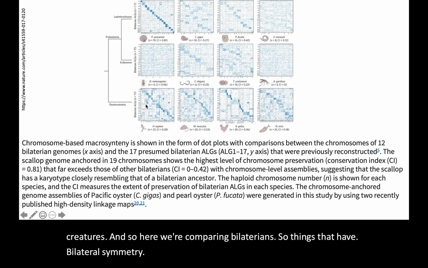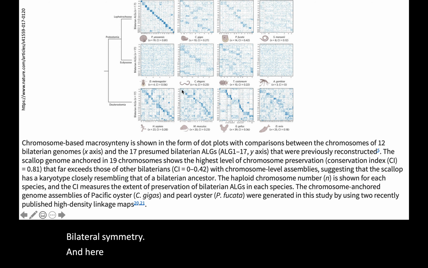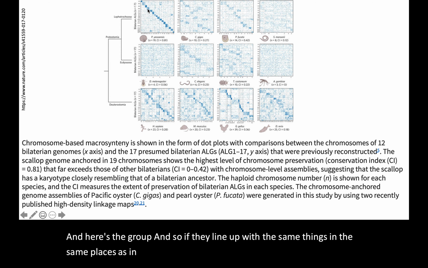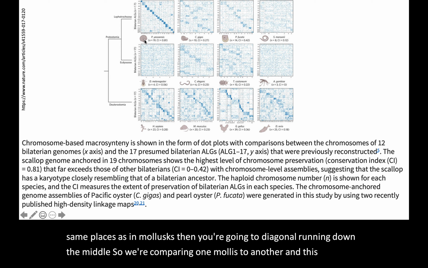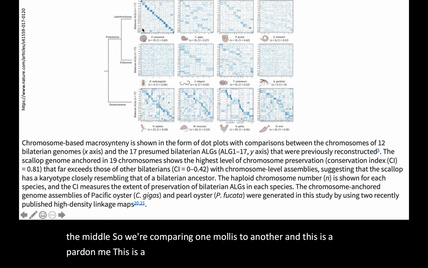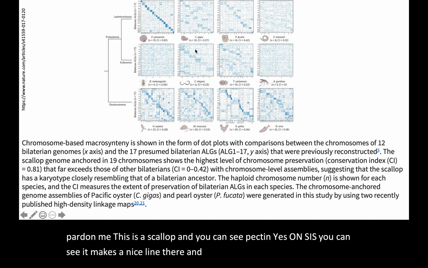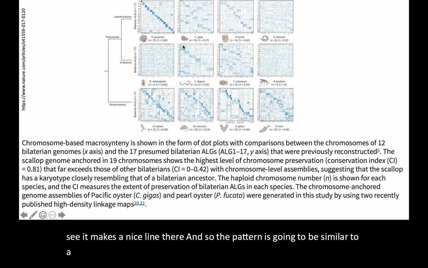And if they line up with the same things in the same places as in mollusks, then you're going to get a diagonal running down the middle. So we're comparing one mollusk to another. And this is a scallop, Patinopecten yessoensis. You can see it makes a nice little line there, and so the scallop is going to be similar to that particular kind of oyster.